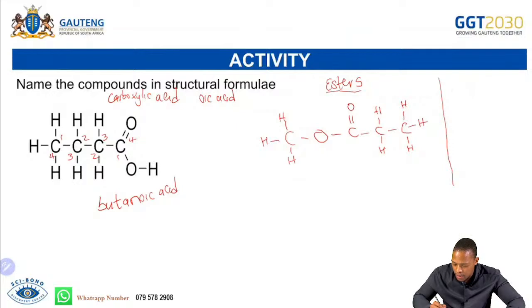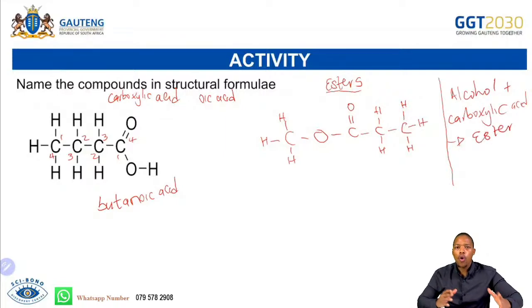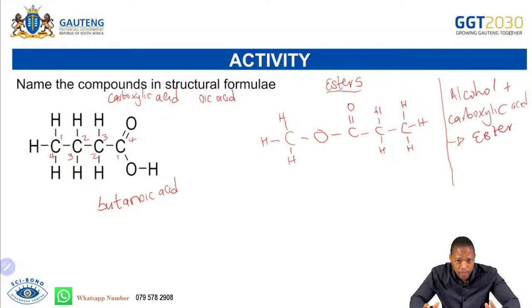It's a reaction between an alcohol and a carboxylic acid. So an alcohol and a carboxylic acid will give you an ester. Alcohol plus carboxylic acid gives an ester. So this ester, as it is, was an alcohol that was added to a carboxylic acid. Very, very important.